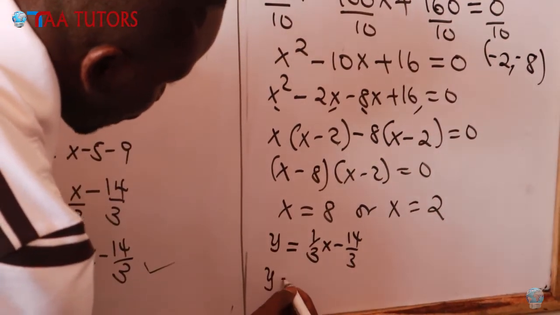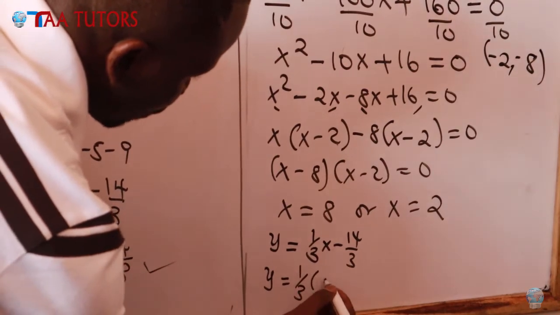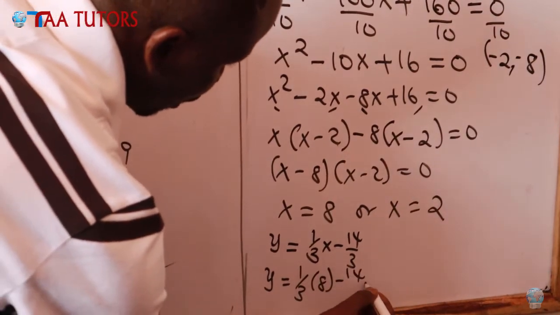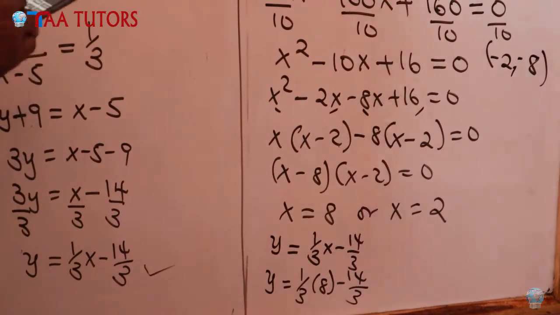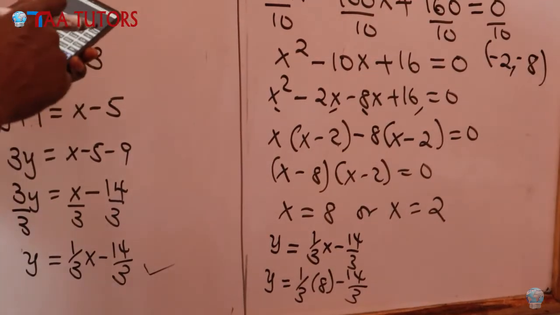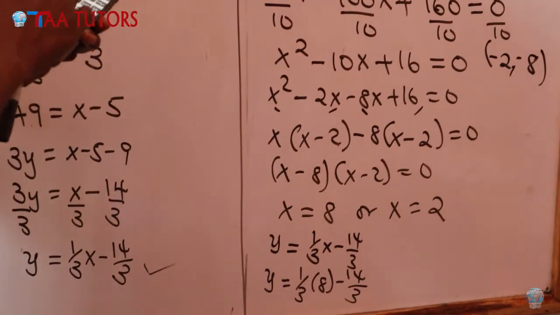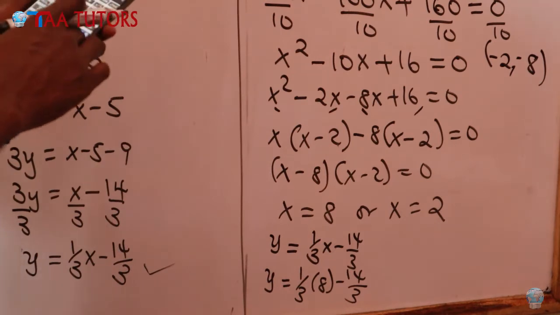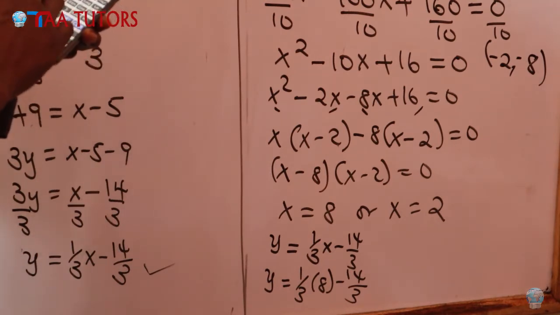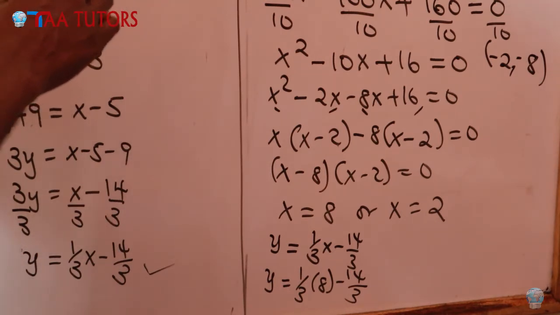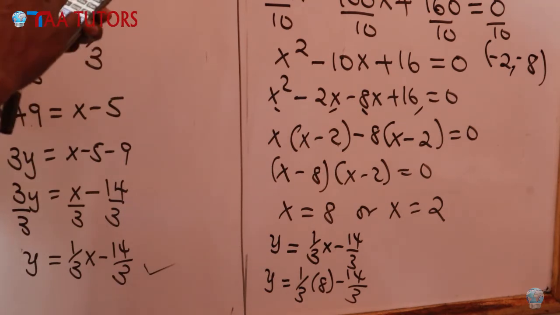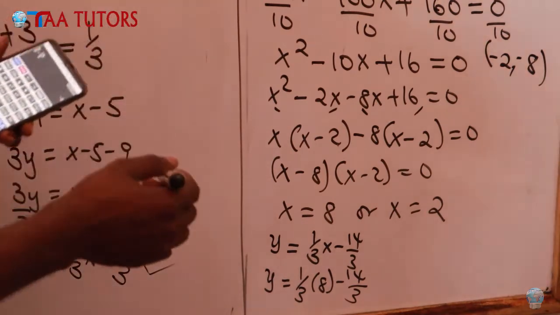I'll have y = a third into 8 minus 14/3. Let me do that. I'll have 8/3 minus 14/3. What I'll get here is negative 2.